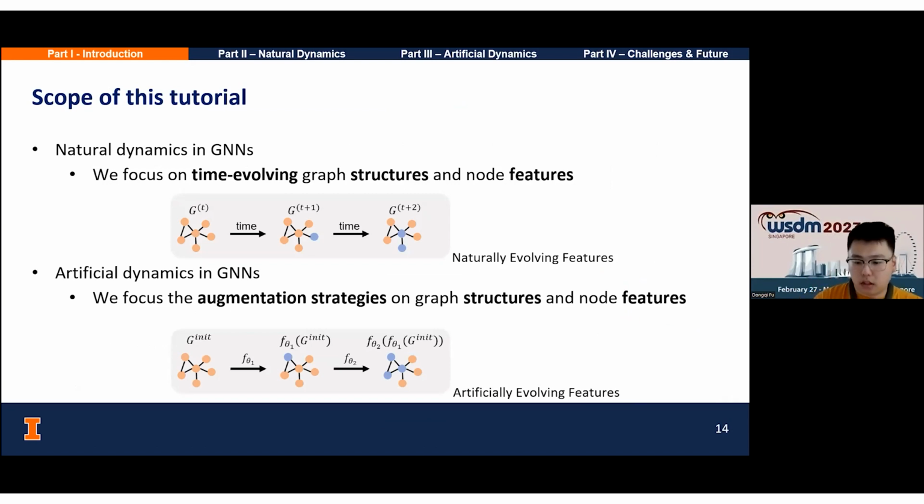For example, as shown in the first picture, the features are evolving along the time dimension. For artificial dynamics in graph neural networks, we focus on the augmentation strategies designed on graph structures and node features. For example, as shown in the second picture, the features are modified by certain designed strategies.